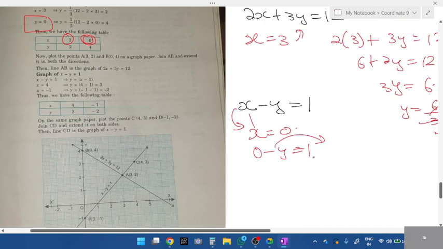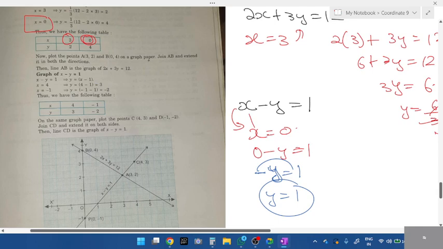Shift minus y to the other side, and 1 to this side. If 1 comes to the other side, what do you get? 0 minus 1 is equal to y. Don't make it complicated. We need the alphabets to be positive. Shift this minus to the other side. Y is equal to minus 1.